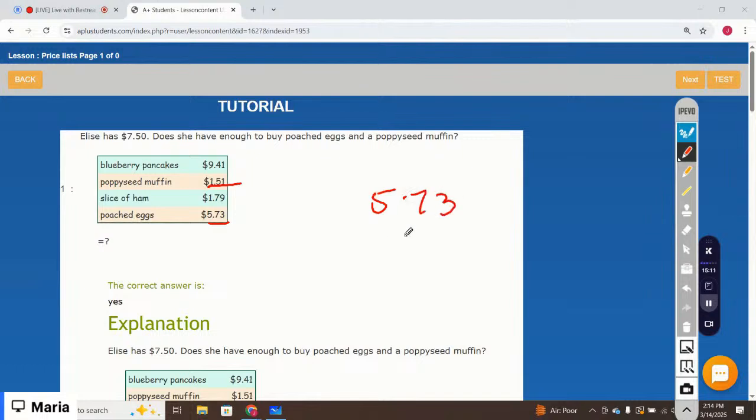So just add 5.73 and 1.51. 3 plus 1 is 4, 7 plus 5 is 12, 5 and 6 and 1 is 7. So Alice needs $7.24 to buy poppy seed muffin and poached eggs, so she has enough money. She has 7.50, so she can buy easily. The correct option is yes.